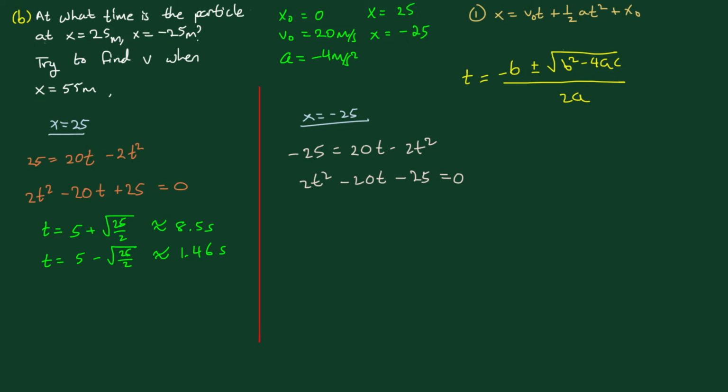And for this, we get t equals 5 plus the square root of 75 over 2, and that's approximately 11.12 seconds. Our second solution is t equals 5 minus the square root of 75 over 2, which is approximately minus 1.12 seconds.